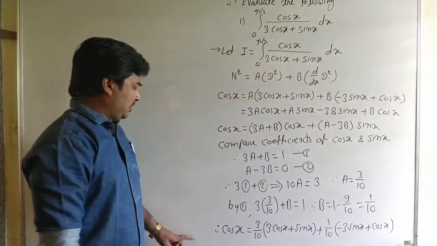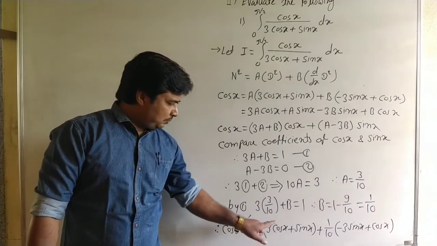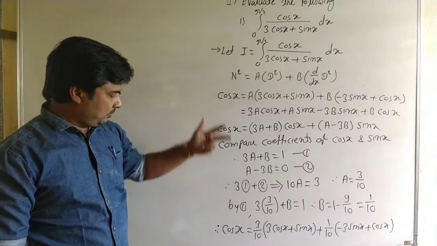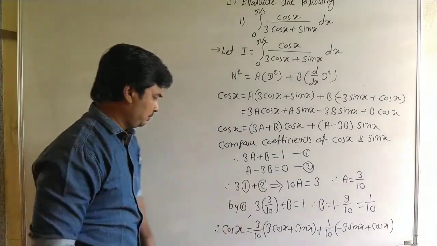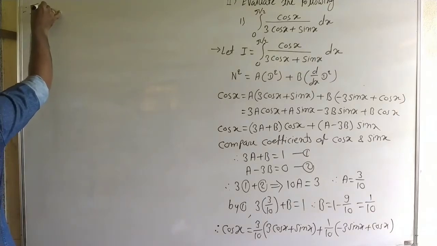Here that means the numerator cos x we can express as the denominator and the derivative of the denominator. Therefore in the integral we can replace cos x by this term.